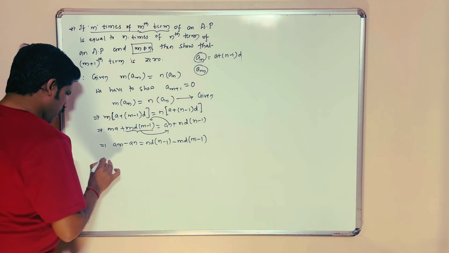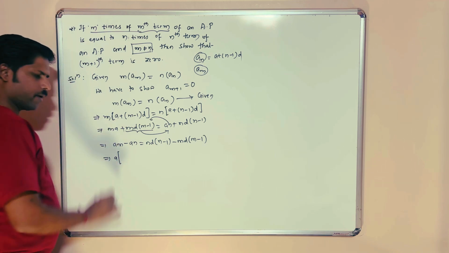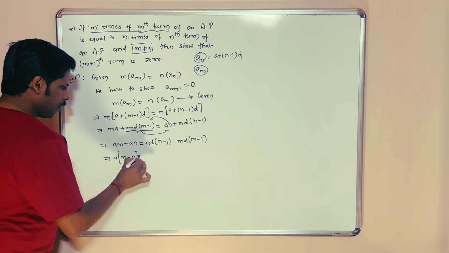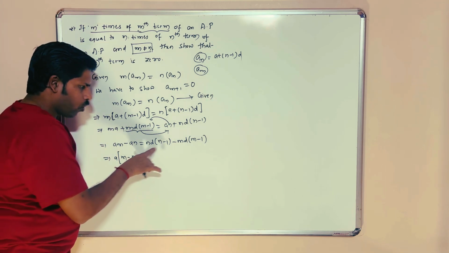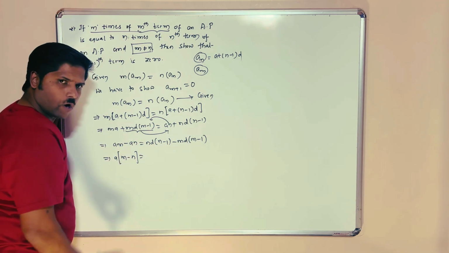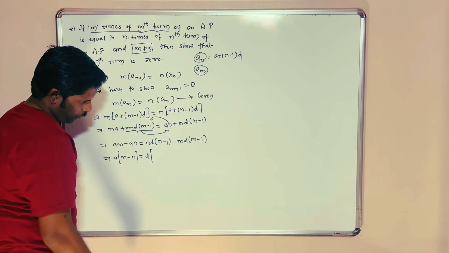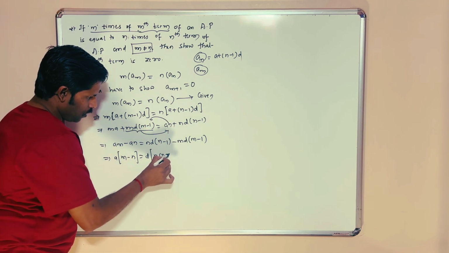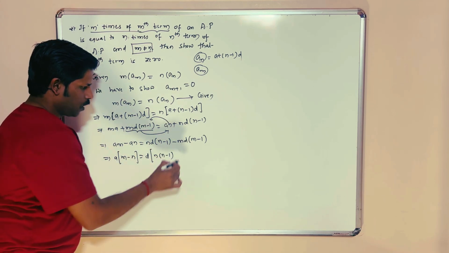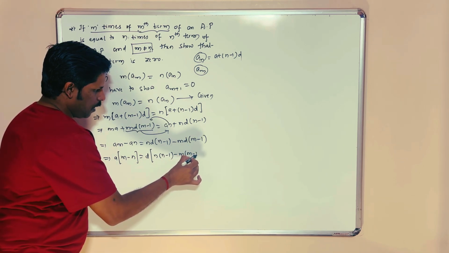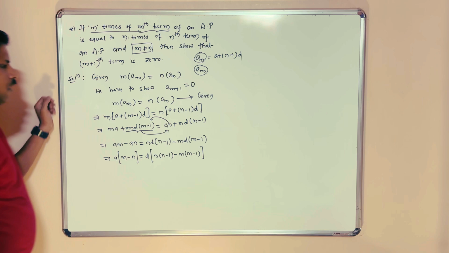Here we have common a. Take it outside. Here we remain with m minus n is equal to. Here we have common d. Take it outside. And here we remain with n into n minus 1 minus m into m minus 1. Right?